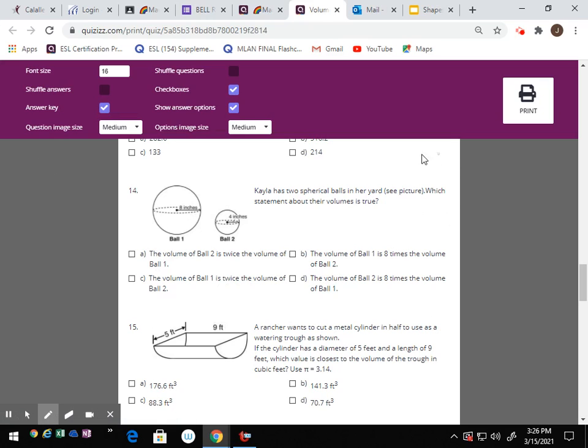So we know the volume formula for a sphere is V is equal to 4/3 times pi times radius cubed, to the power of 3. All right? So let's work out the first ball. We have our radius for the first ball is equal to 8, and our radius for the second ball is equal to 4.